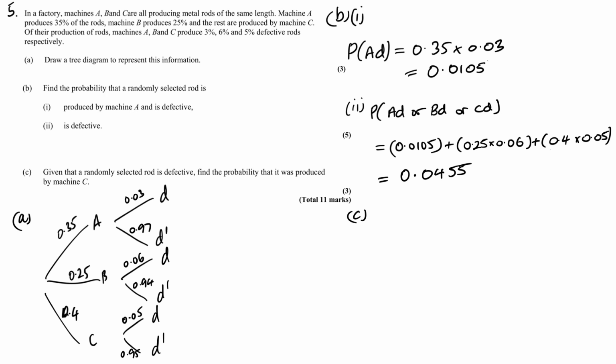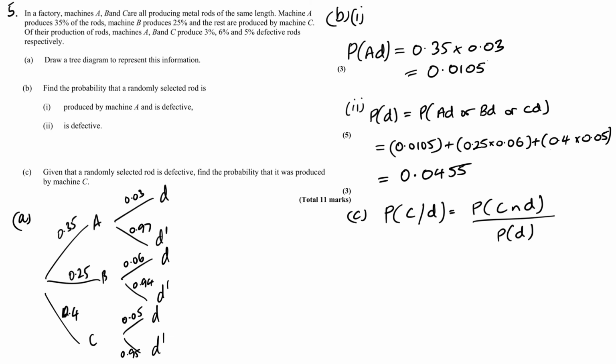Part C now is where we've got the given that. Given that a randomly selected rod is defective, find the probability it is produced by machine C. So we want C, given that it is defective. So it's C intersection D over the probability of D. Remember that B part 2 was the defective one.